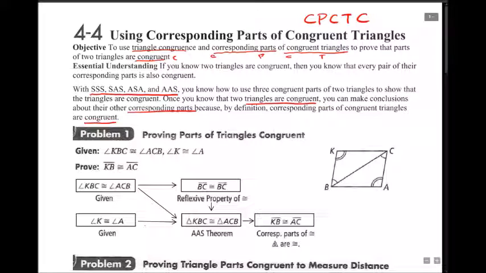So once we prove them congruent, then we know that all corresponding sides and all corresponding angles are going to be congruent. So this is nothing new. We are just putting together the pieces we've already learned.